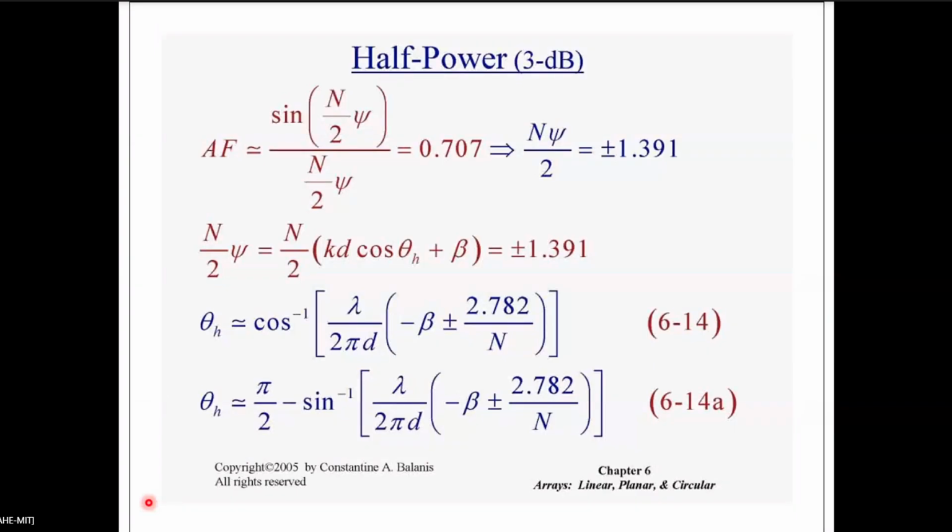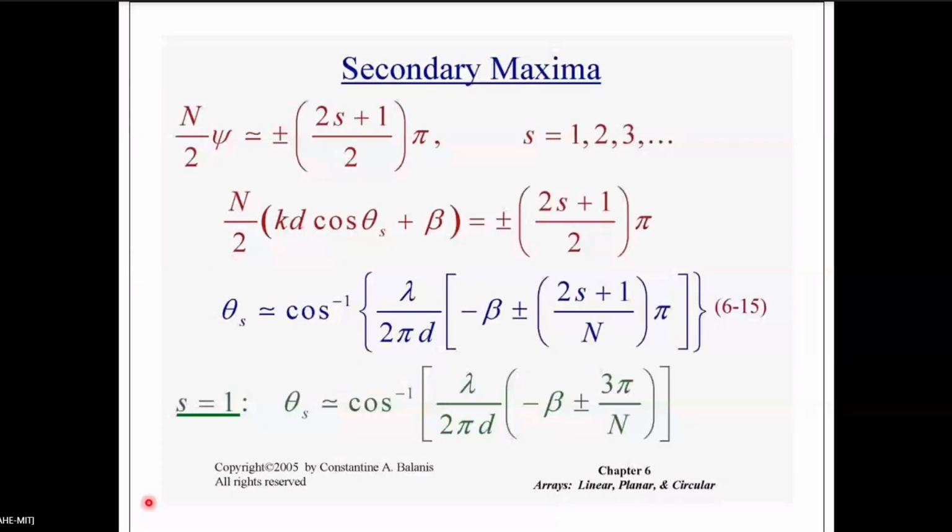So, secondary maxima. When do you get the secondary maxima? When the numerator is equal to plus or minus 1, that is, when sin of n psi by 2 is equal to plus or minus 1. So that is plus or minus (2s plus 1), where s is equal to 1, 2, 3. S cannot be 0, because that would make this thing 0.